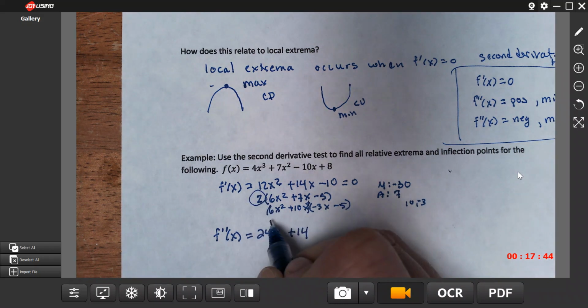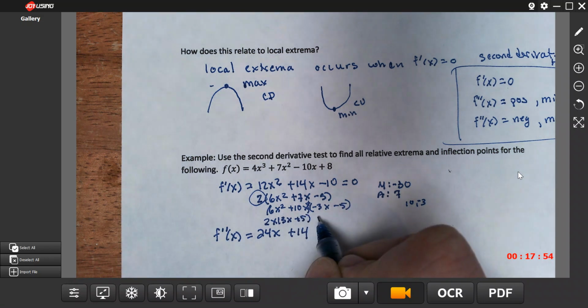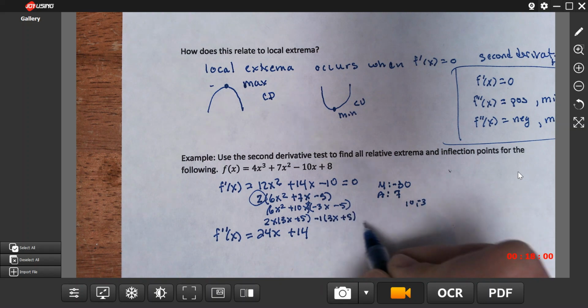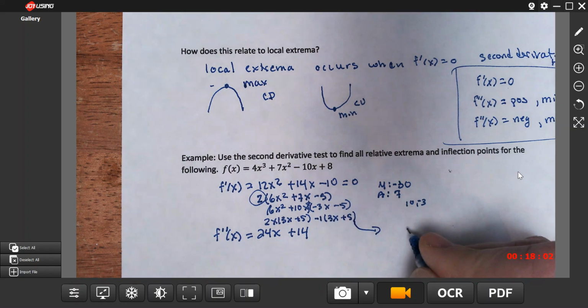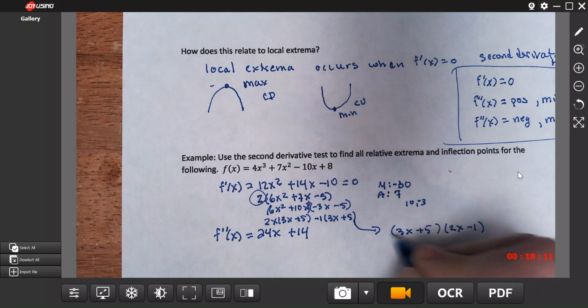I'm leaving that 2 for later. So this gives me 2x times 3x plus 5 minus 1. I always factor out, and that gives me 3x plus 5. I'm going to go over here because I ran out of space. So I get 3x plus 5 factors out, and that leaves me with 2x minus 1.